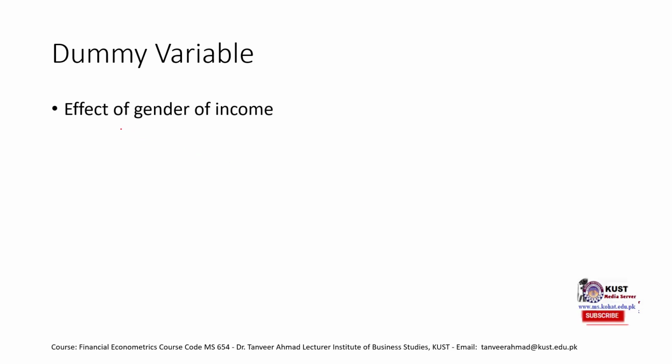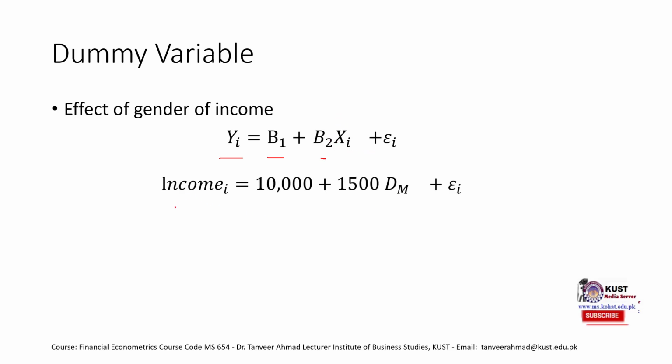Let's say we want to study the effect of gender on income. We would have this model where our dependent variable is income, then our constant term, our independent variable coefficient, and the independent variable would be a dummy variable. After running the regression analysis on our sample, we get these estimates.